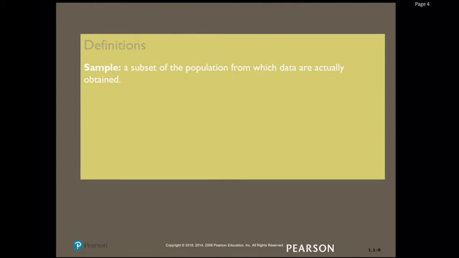So, friendly reminder, some definitions. A sample is a subset of a population from which data are actually obtained. So that's who we interview, or that's the cars we look at to see if they have any engine malfunctions. I'm not a car person, guys, but I try. And then from that sample, we collect raw data, right? That's the actual measurements or observations collected from the sample.